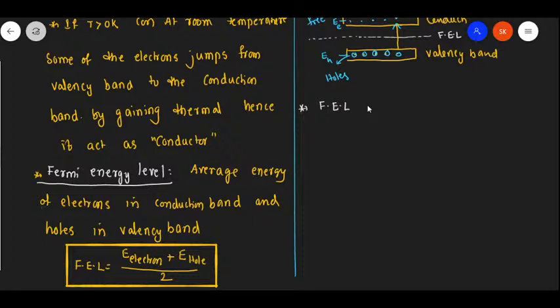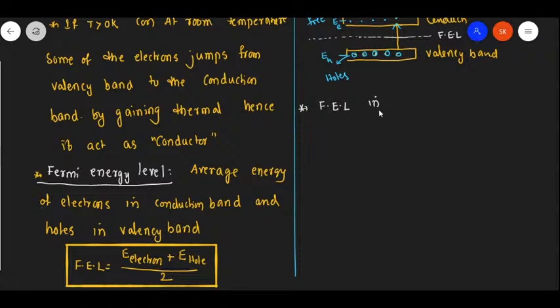The Fermi energy level in an intrinsic semiconductor, what is the location? One time for a one mark question they asked the Fermi energy level location in intrinsic and extrinsic semiconductors also.